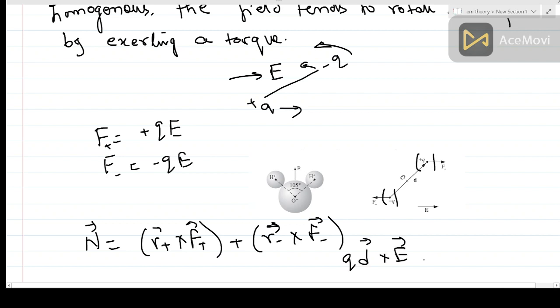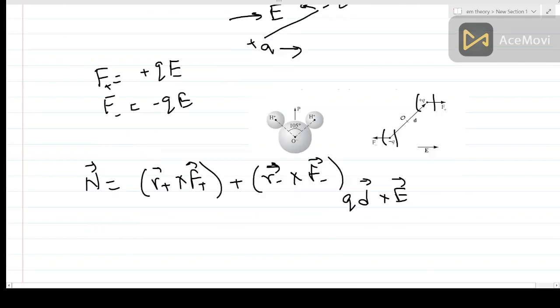So it is a vector product. If you resolve it, it will be QdE sin theta. Qd is P. So the torque produced, which you can also denote by tau because different books use different notations, is P, the dipole moment, cross E. So this is the effect of the electric field on the dipole.